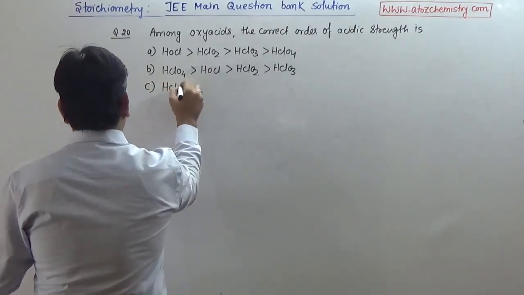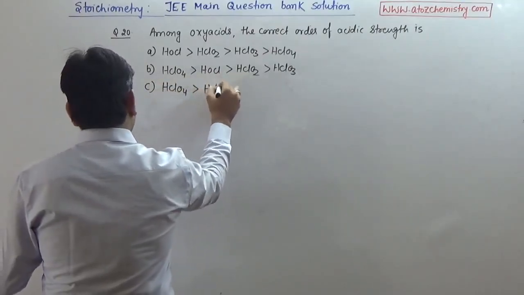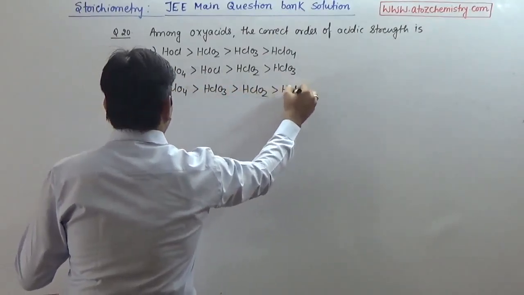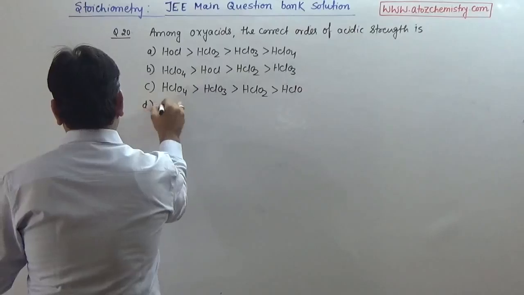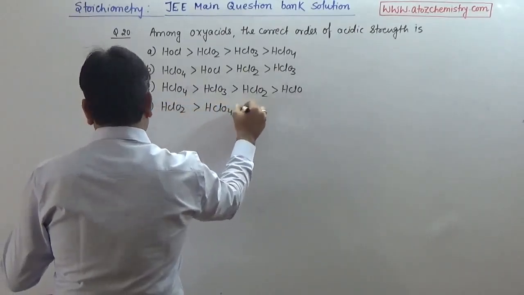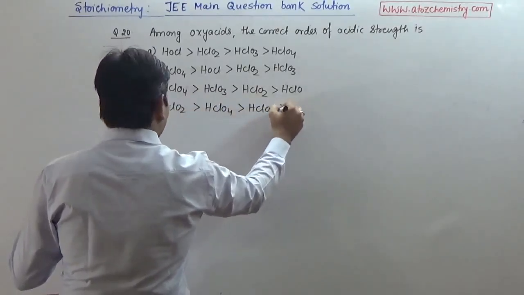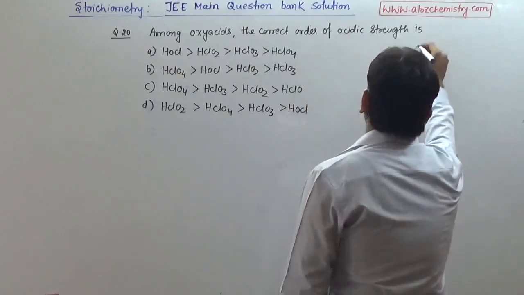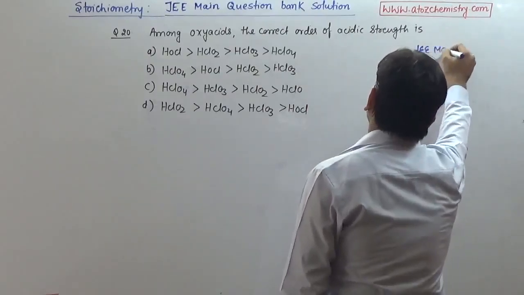C option HClO4 greater than HClO3 greater than HClO2 greater than HClO. D option is HClO2 greater than HClO4 greater than HClO3 greater than HOCl. This was also asked in JEE Main 2014.